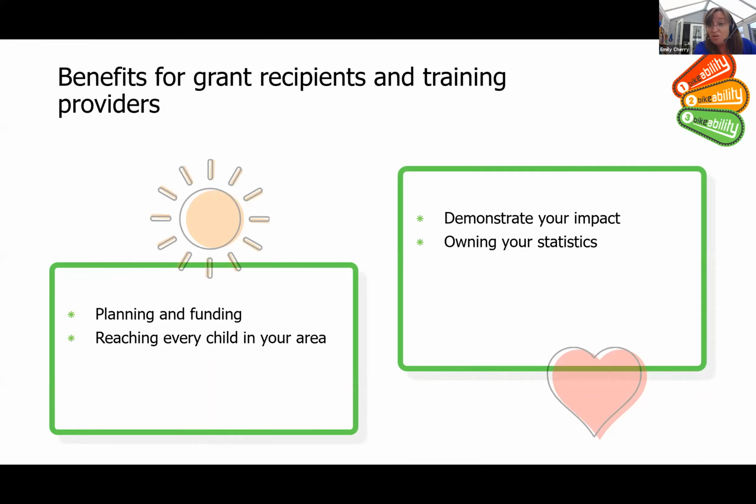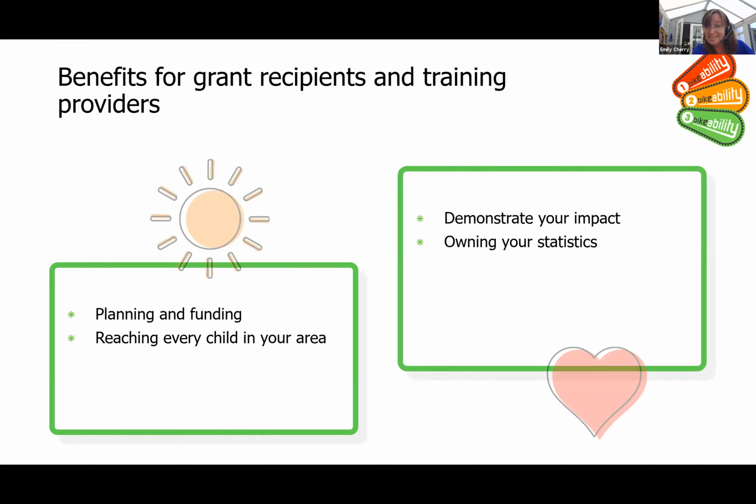We all want to give assurances about how we're reaching every child. Currently we can only give high-level national statistics, which say that we're reaching about 44% of children by the time they leave year 6 in primary school, that they've had some form of Bikeability.